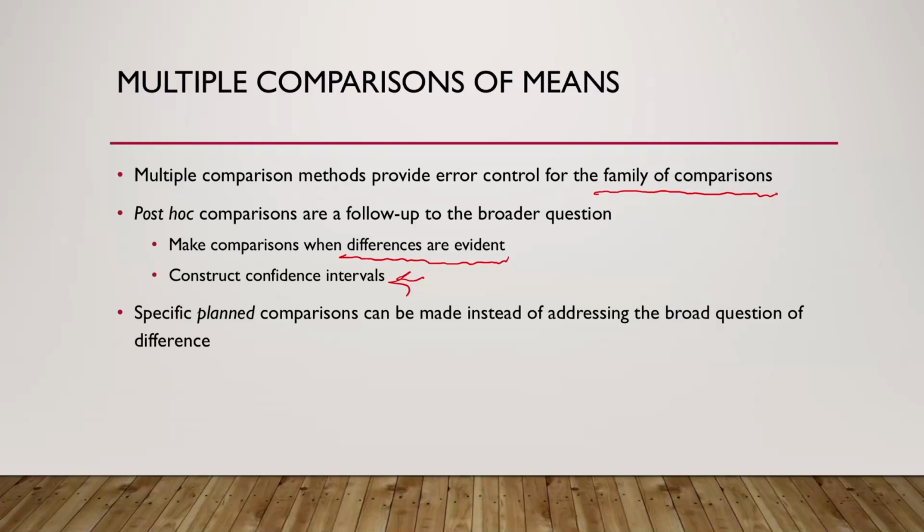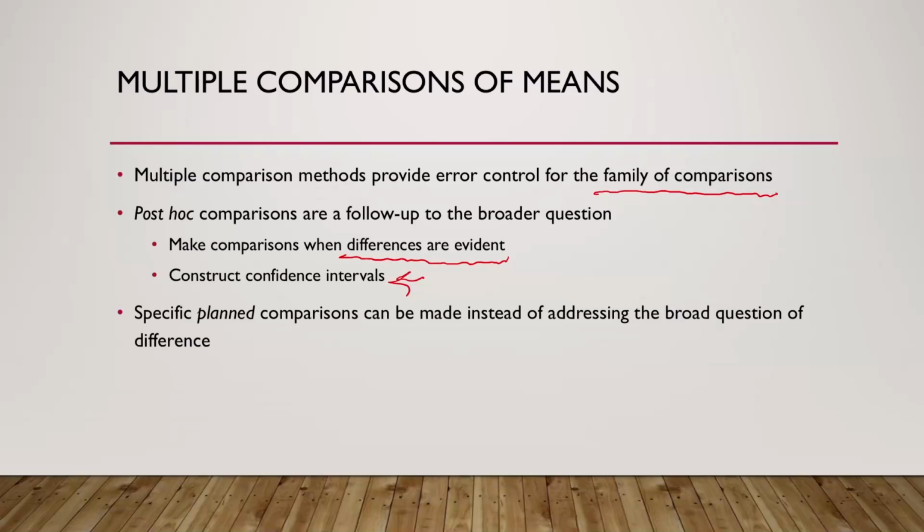Well, why wouldn't we just go ahead and do that all the time? Well, remember, there's a payoff. Because even though those confidence intervals are narrower than if you do post hoc confidence intervals, the omnibus test is actually the most powerful way to detect any differences. So you really have this balancing act. You have to decide, what do I want to do?